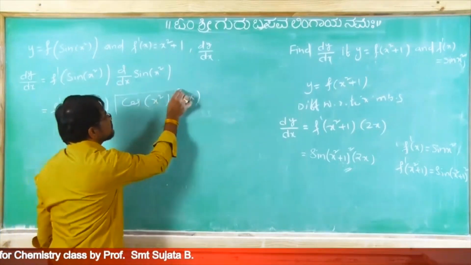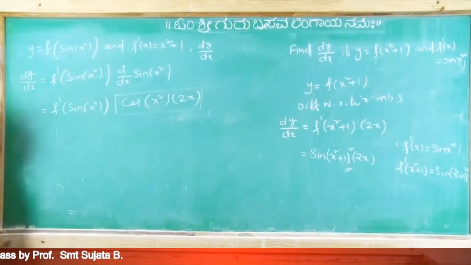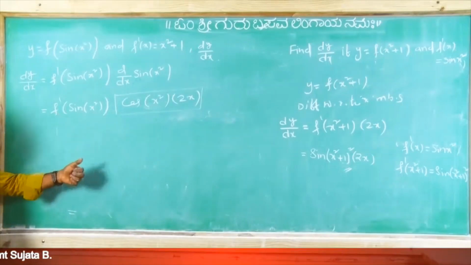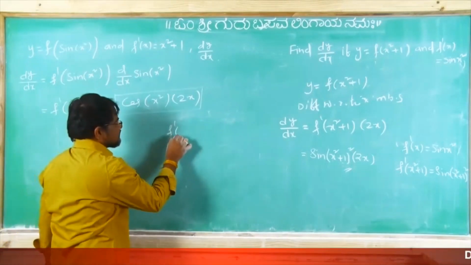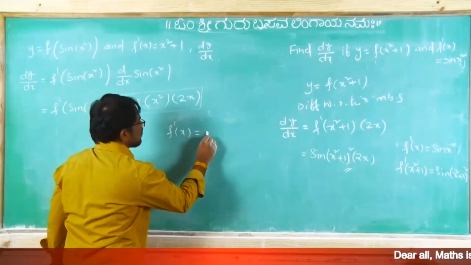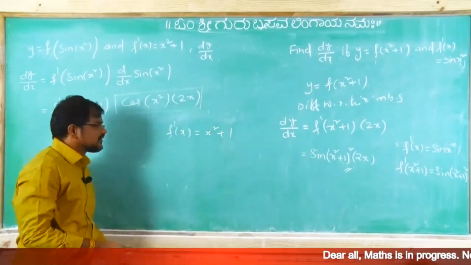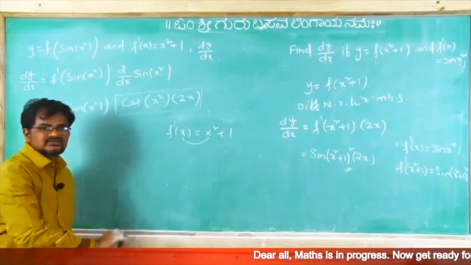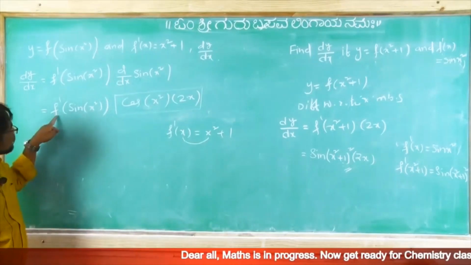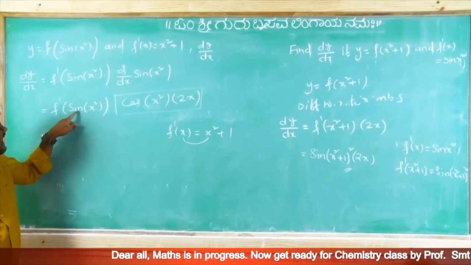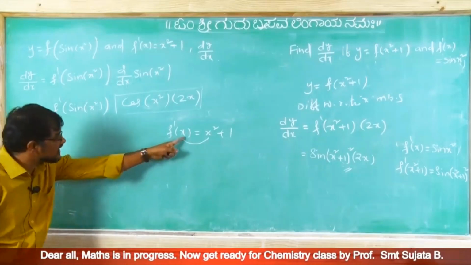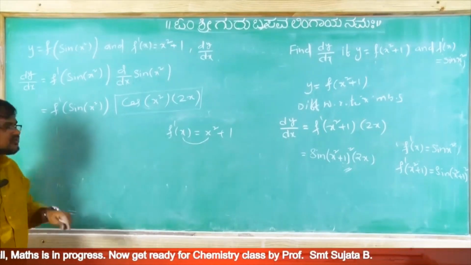Now here, this one you can't do anything. Where do we have to change? This one only. What is given? F dash of x equal to x square plus 1. Here x is there, but here x square is there. What you want is f dash of sin x square, which means replace x by sin x square.